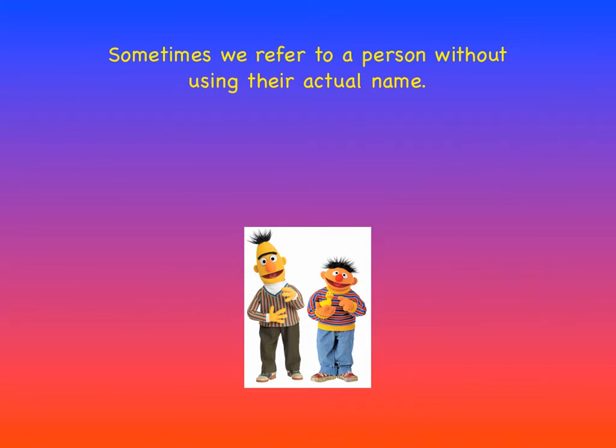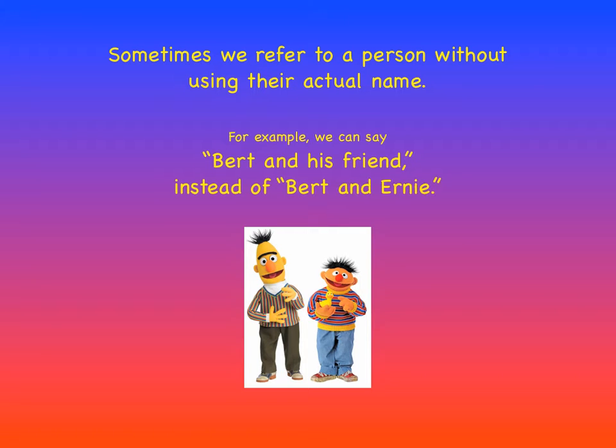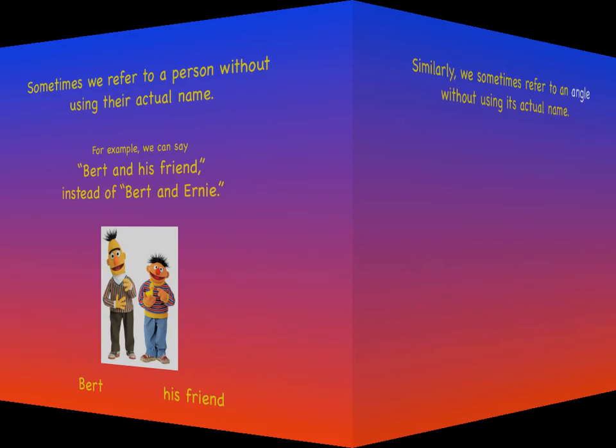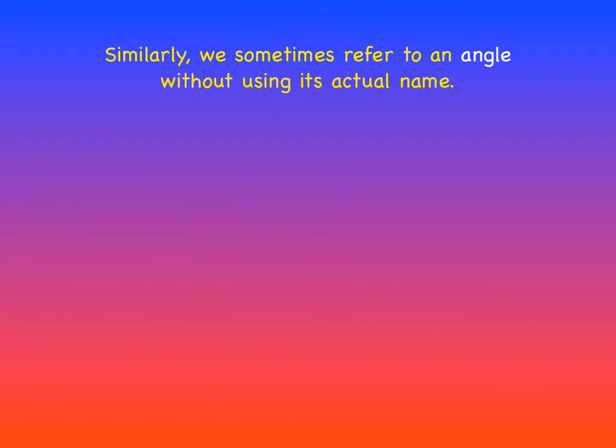Sometimes we refer to a person without using their actual name. For example, we can say Bert and his friend instead of saying Bert and Ernie. There's Bert and there's his friend. Similarly, we sometimes refer to an angle without using its actual name.